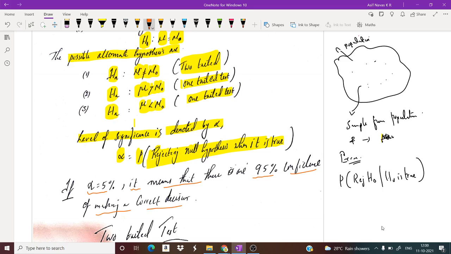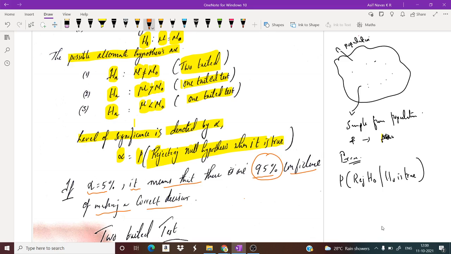That means there is only a 5% probability of rejecting H naught when H naught is true. Therefore, we have 95% confidence that we are making a correct decision, that is, the probability of accepting H naught when H naught is true has a confidence of 95%.